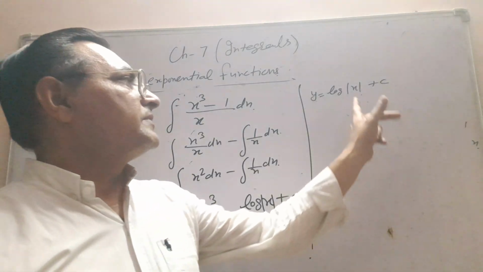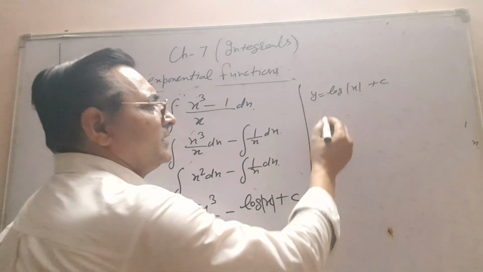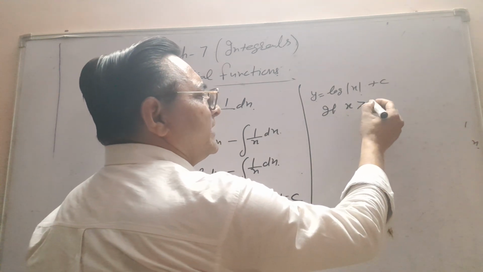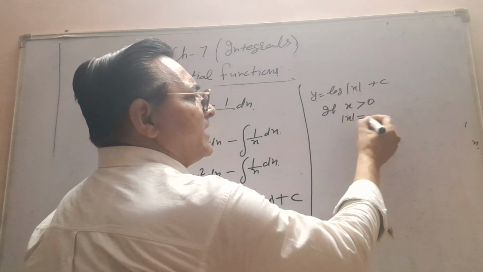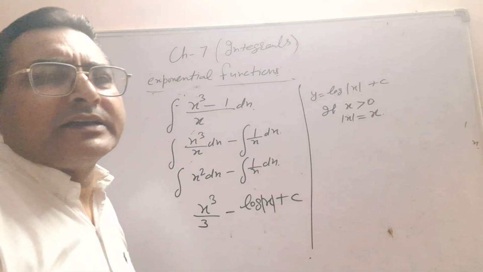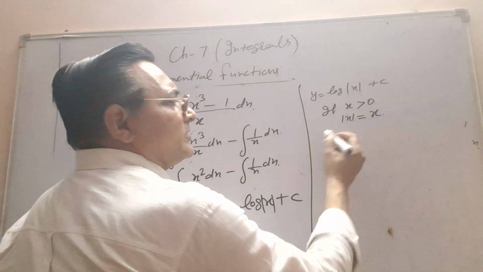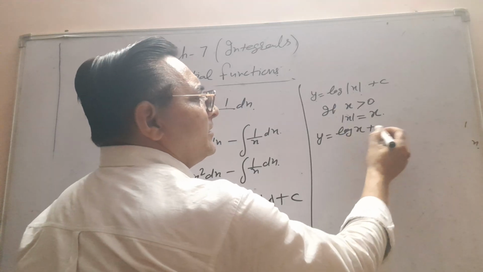If there is a modulus function, first of all we will take the case x greater than 0. Then this modulus x will be considered as positive x. So we consider it as positive x and proceed. If the value of x is greater than 0, what will be this function? Log of x plus c.